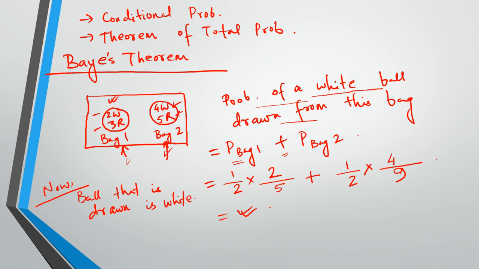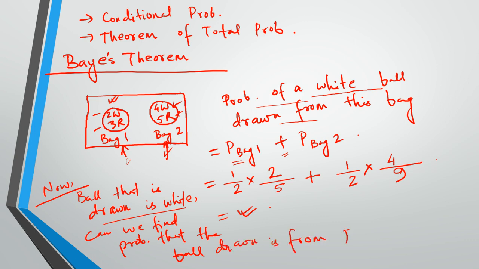Can we find the probability that the ball drawn is from bag 1? So we have to find this inversely, right?